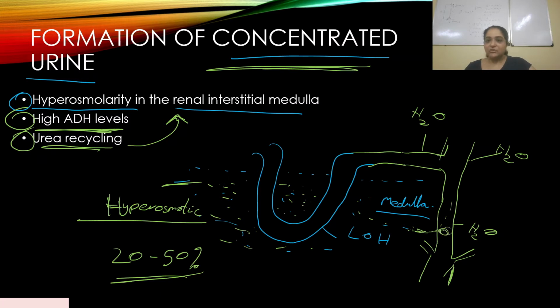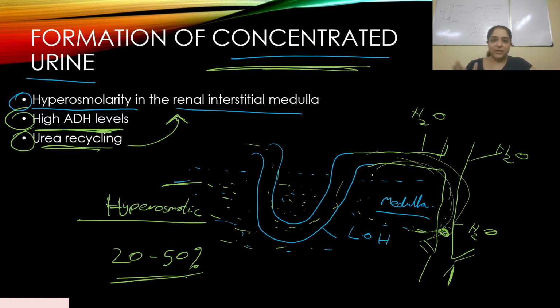The urea concentration over here is very high and tends to get reabsorbed back into the system. So this urea keeps recycling over and over again while there is more urea coming in from here.